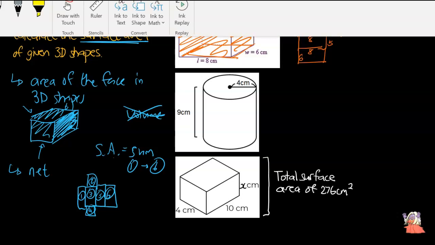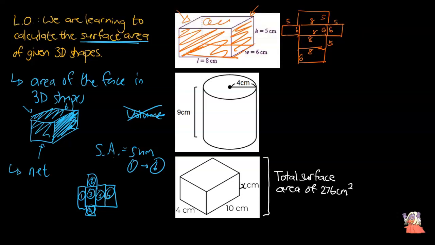And just to help our working, I'll change pen colors again. So the surface area is going to be equal to basically the area of these 6 faces added together. And there's a couple tricks here.